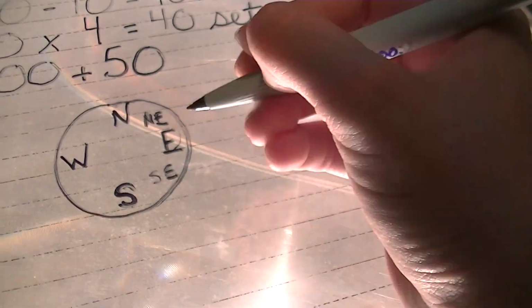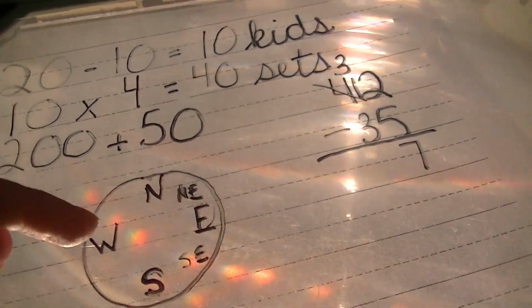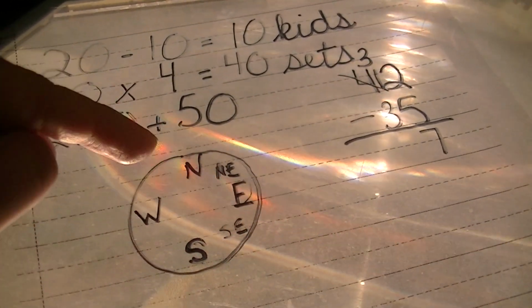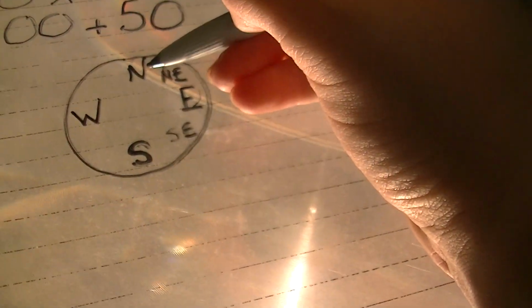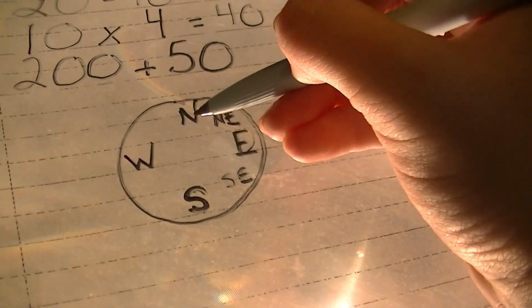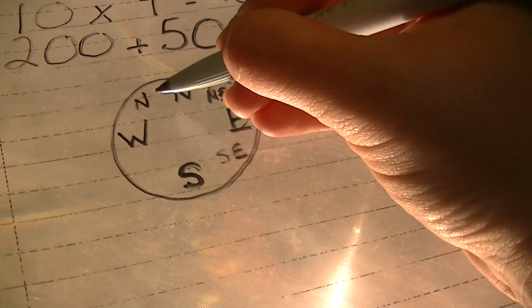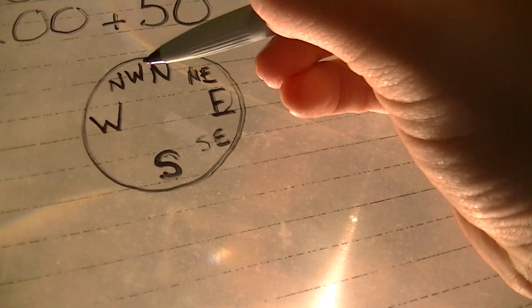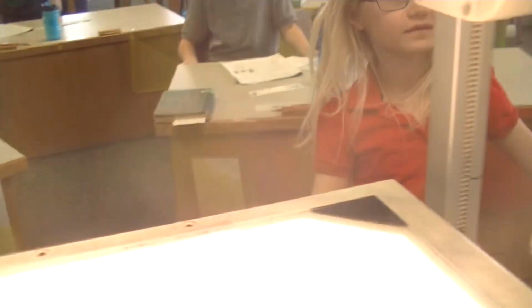And if this is northeast, then what's this direction right here in the middle? Emmeline, you want to take a shot? Start with our big one. Northwest. And if this one's northwest, then this one down here obviously must be what, Rembrandt? Southwest. Excellent job.